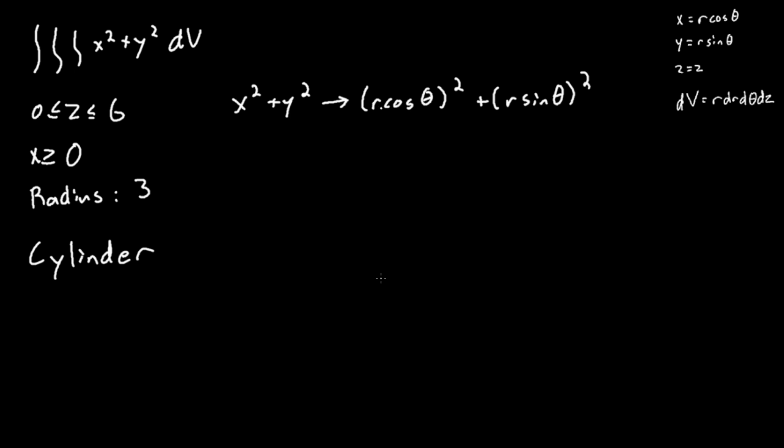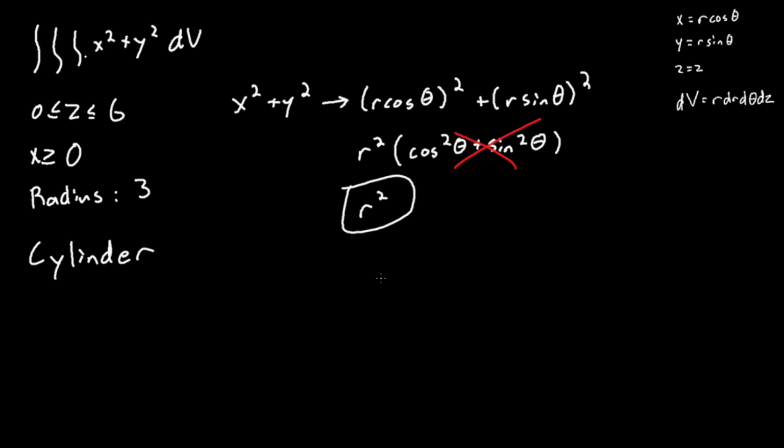Now if you factor out r squared, you get cosine squared theta plus sine squared theta, and this just equals 1. So it cancels out. You get r squared times 1, which is just r squared.